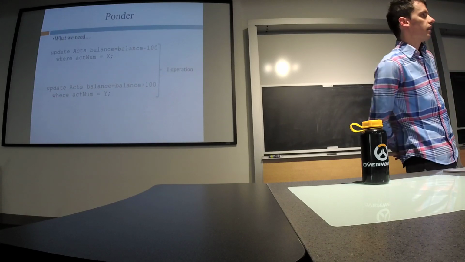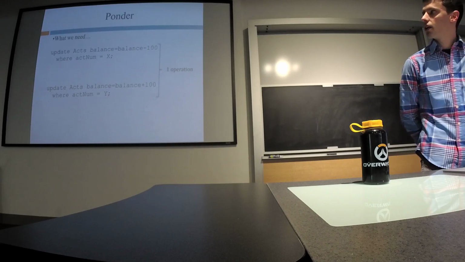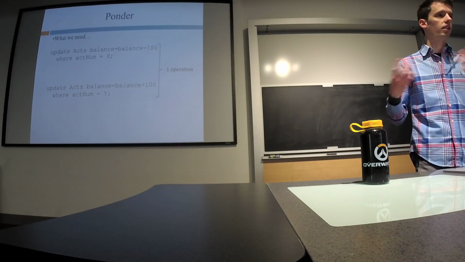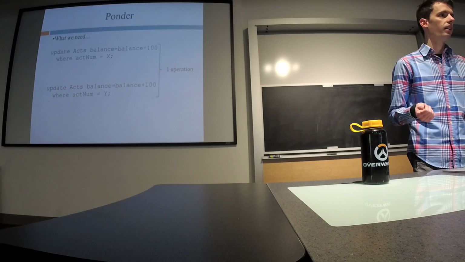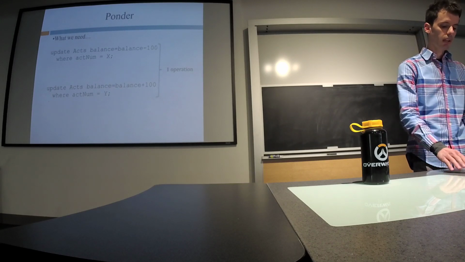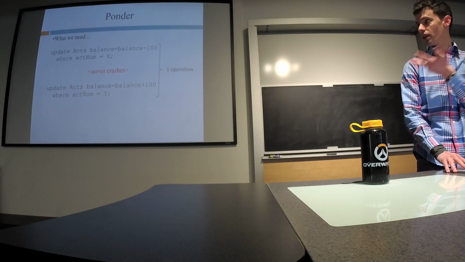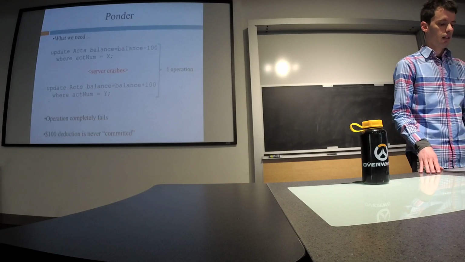So what we need is something like this whole thing to be one operation. And you could maybe rewrite your SQL commands so that it does all of this in one operation. But you can't rely on always being able to do everything in a single command. So it turns out we can actually, and then let's say the server crashes here.